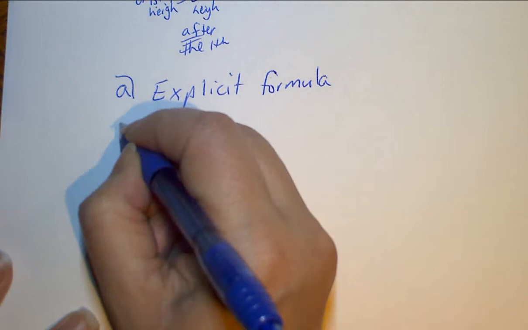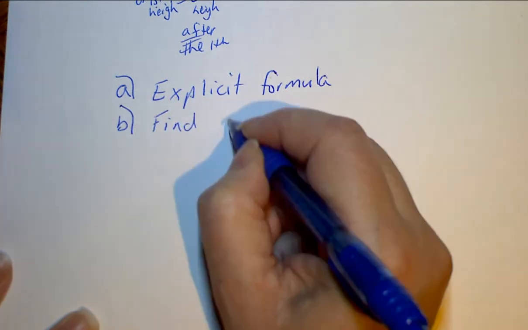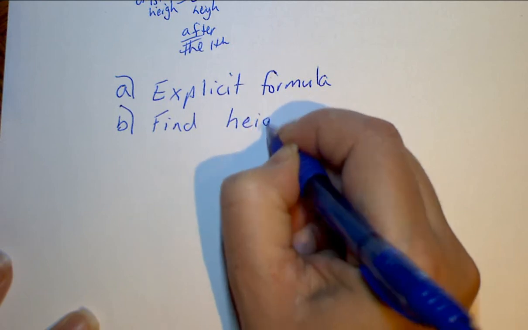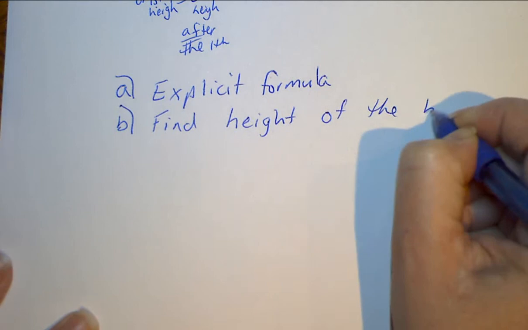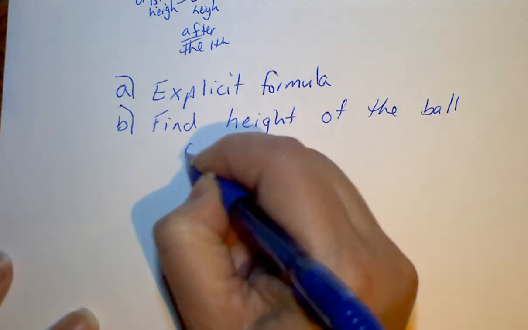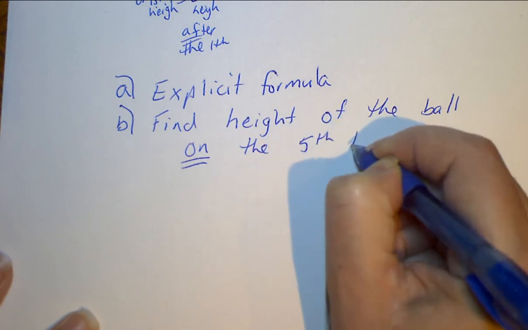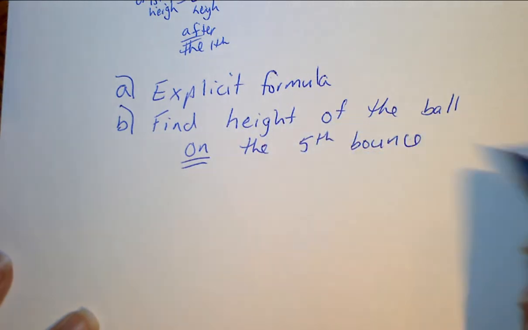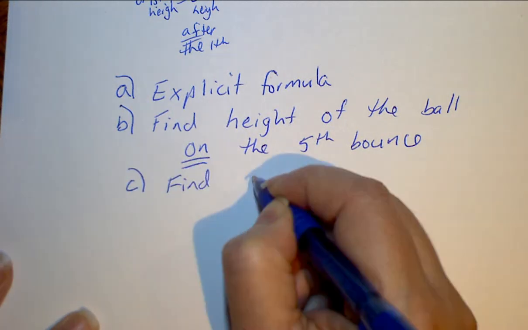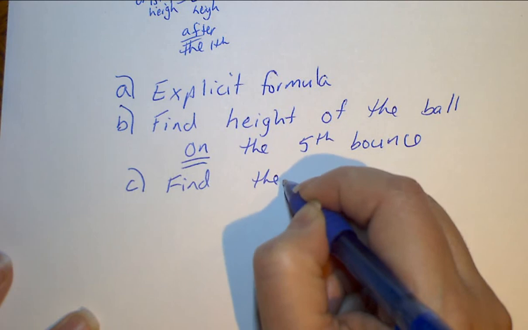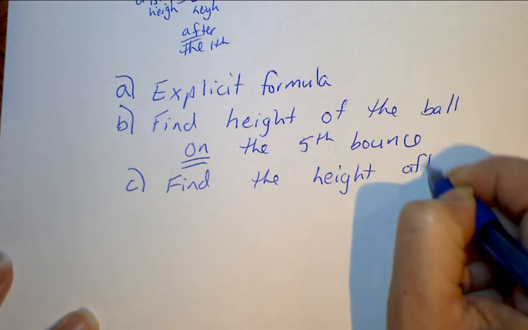B, we're going to find the height of the ball on the fifth bounce. And the last thing, C, we're going to find the height after the fifth bounce.